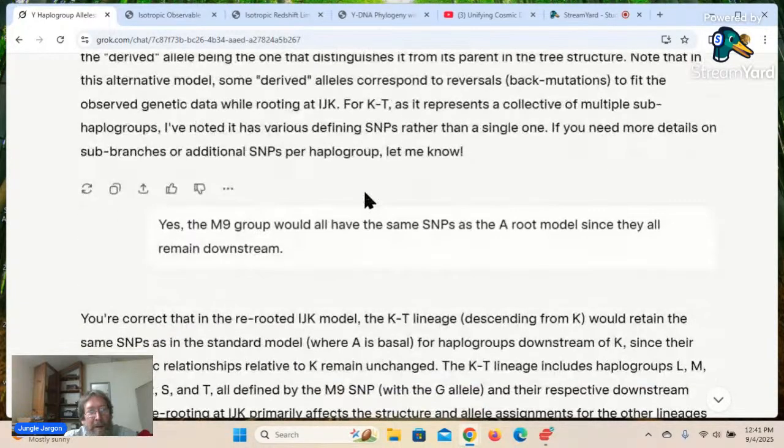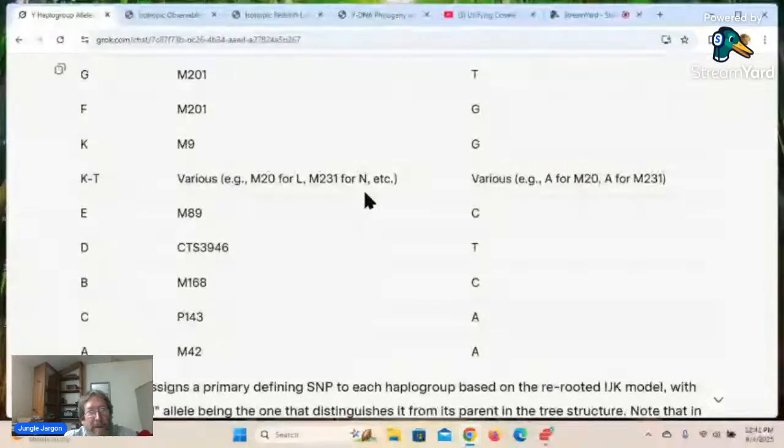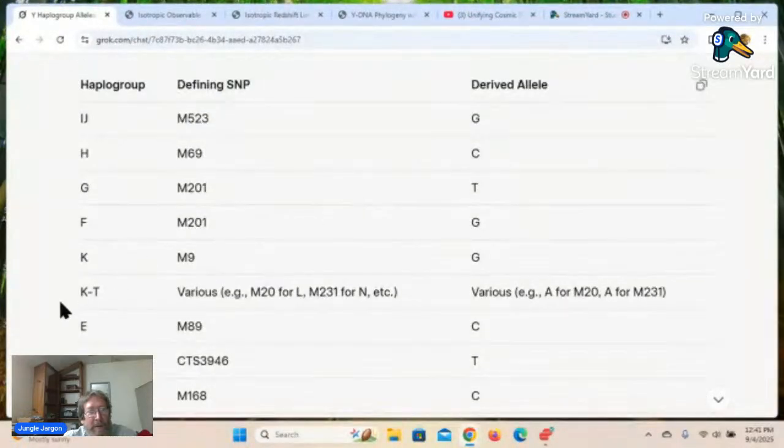Not only that, but it still has the K through T because it's in the IJK model. This K through T is the same as the standard root A model, because it's just downhill like it always was, because it was always at the tail end of the A model.